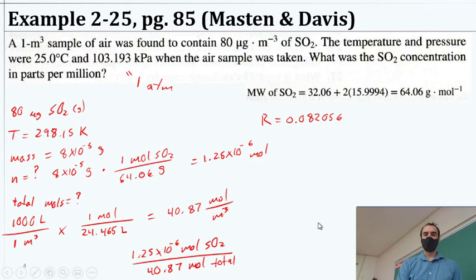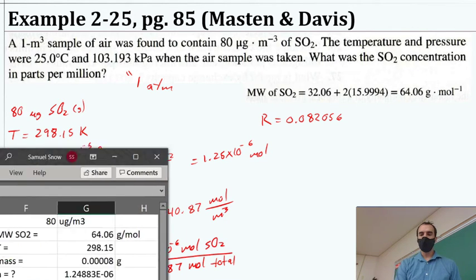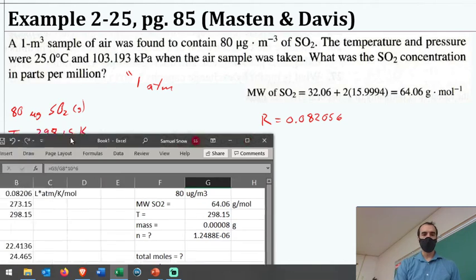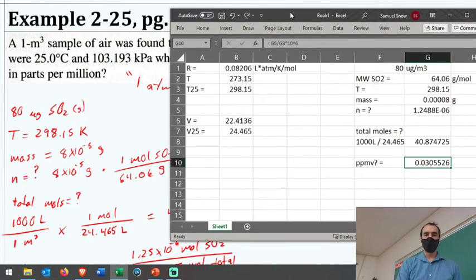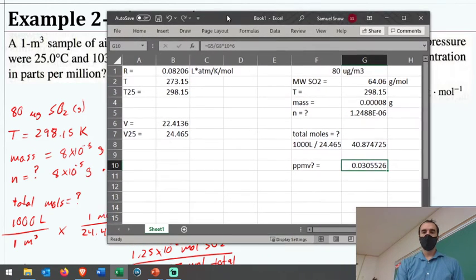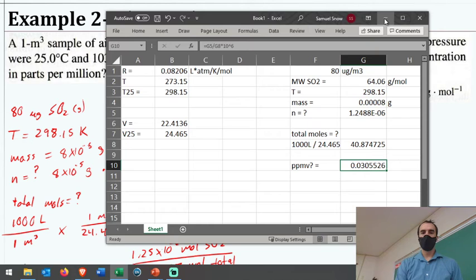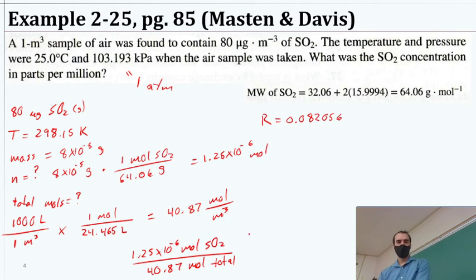So all the gas inside that 1 cubic meter, all told, we get a ppm, parts per million by volume, equal to 0.03. Now, this number is very small, and what I did was I then multiplied it by 1 million.